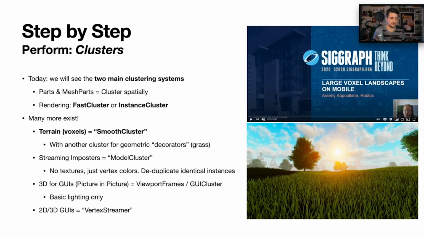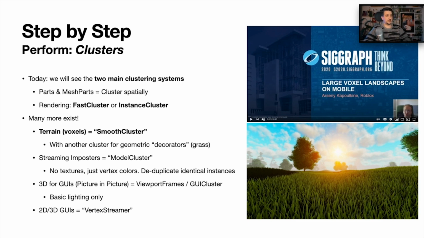And the idea there is that the imposters don't have textures, they just have vertex colors, so we can instance them, and because you may have the same tree instanced a million times, we detect these identical instances and perform the deduplication in the model cluster. We have what we call GUI cluster for things like picture-in-picture, like little 3D scenes that are part of GUI. Long story short, there are many other subsystems that we won't see today.